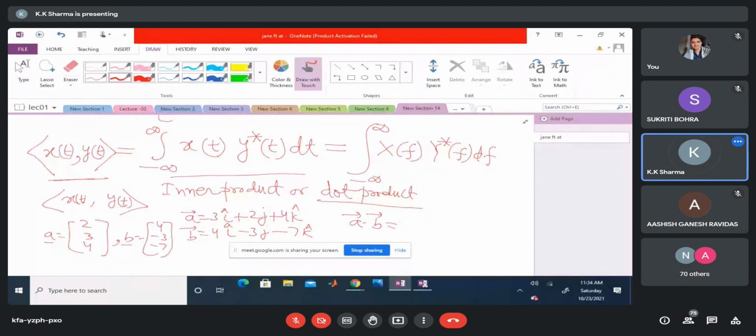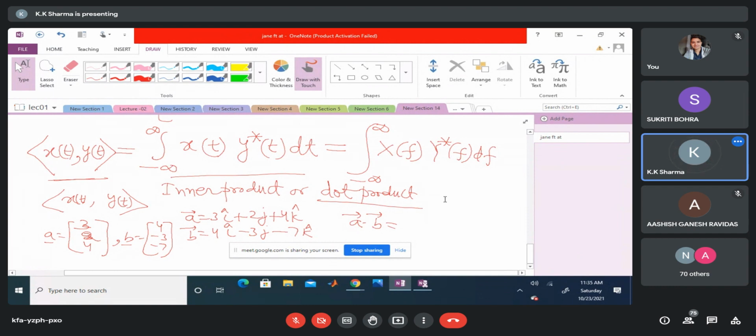3 into 4. It will be 3 into 4. Now tell me the value. Dot product: 3 into 4 plus 2 into minus 3 plus 4 into minus 7.